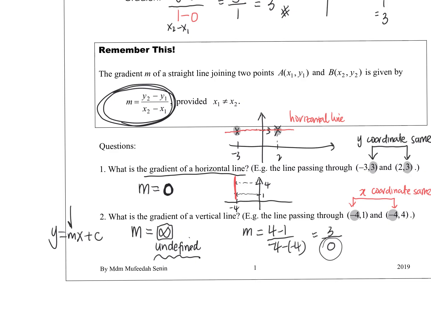And this one is undefined, which means that your equation is x equals to something. So in this case, your equation is x equals to minus 4, because it is a vertical line at x equals to minus 4. So that's why we can't write the equation in this way. It's undefined. Okay, so this is a recap from your lower sec work. There's nothing new that we have learned here.